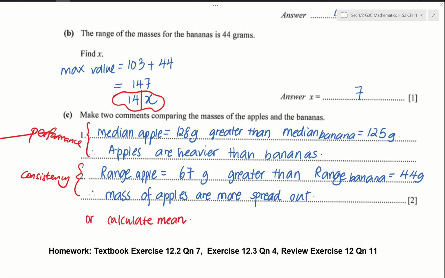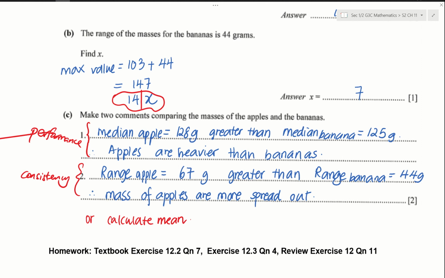Median apple 128 grams, greater than median banana, which is 125 grams. Therefore, apples are heavier than bananas.